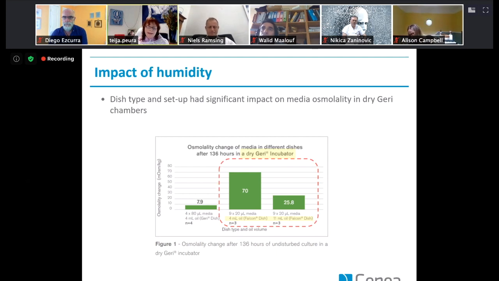And then on the left-hand side, we have the Cherry dish. So it's interesting to notice that even in the absolutely optimal scenario, the rise in osmolality is still higher in the Falcon dish as opposed to the Cherry dish. And this was after about 5.7 days of culture.